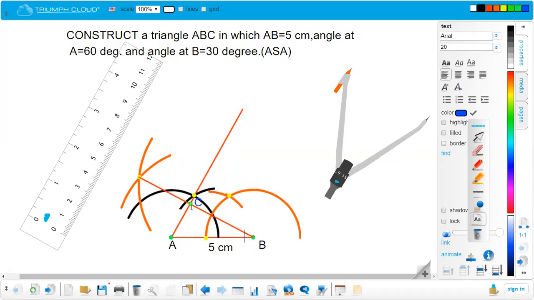And this is the location of the point C, which is identified by finding the intersection point of these two lines. Here we finally obtain the triangle ABC. This is the whole process of constructing a triangle in this situation.